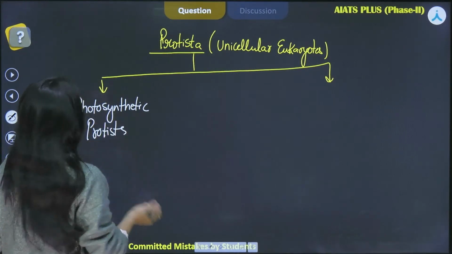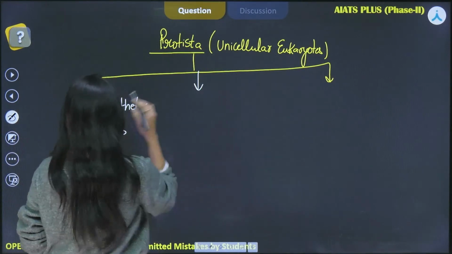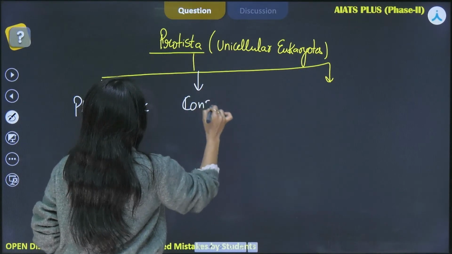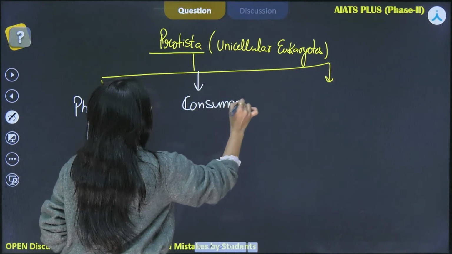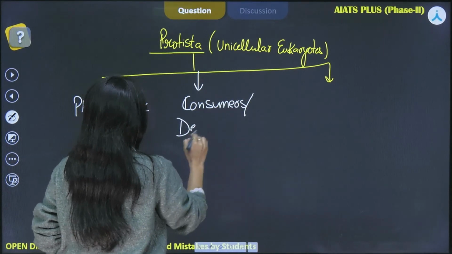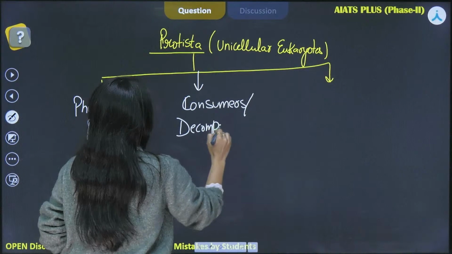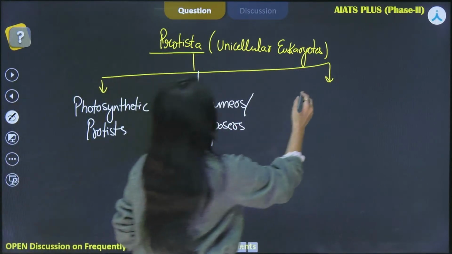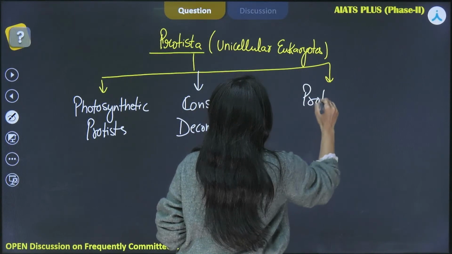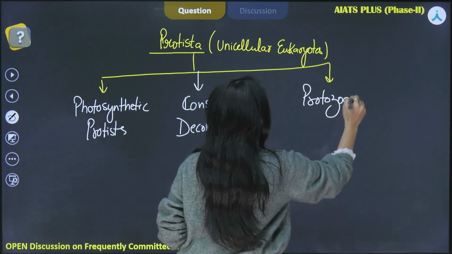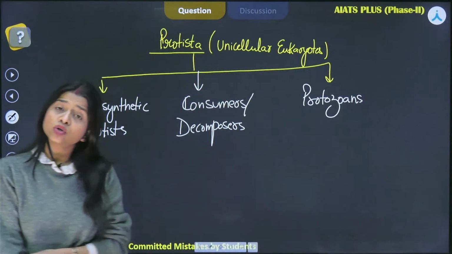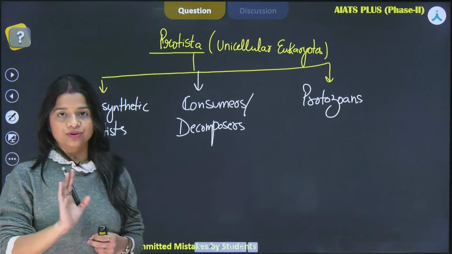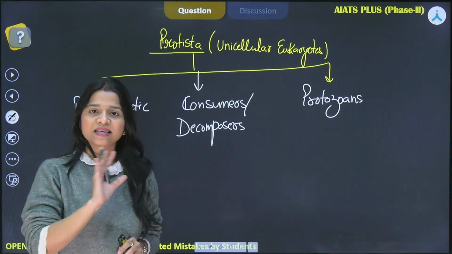Second, we have the consumers, under these the decomposers, and the third category is of protozoans. Now you'll say, ma'am, protozoans are also consumers only, but they are not the decomposers, so we have put them in a separate category.